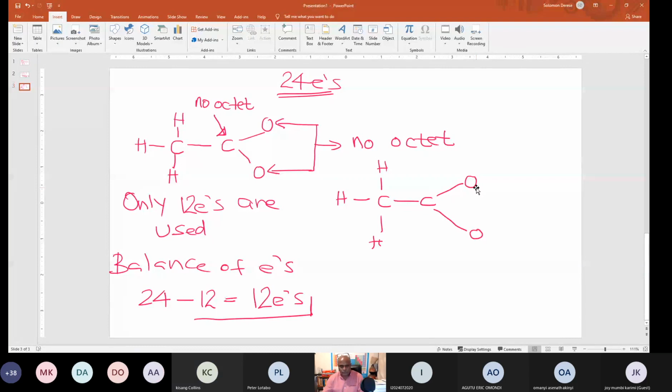No. 4. Why are you saying 4? 6. Huh? How many? 6. Because each of them has 2. To have an octet, to have 8, they need additional 6 electrons. So what you do, these 12 electrons, you start giving them to the oxygens, okay?